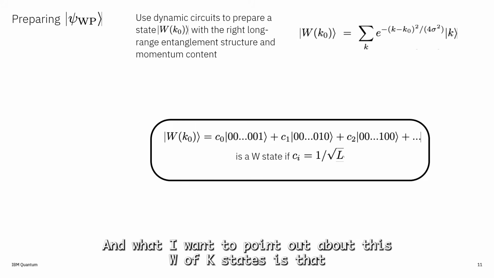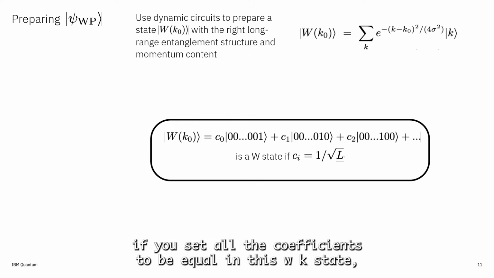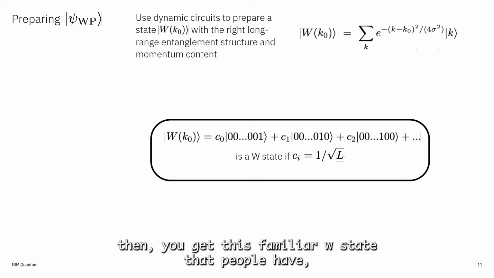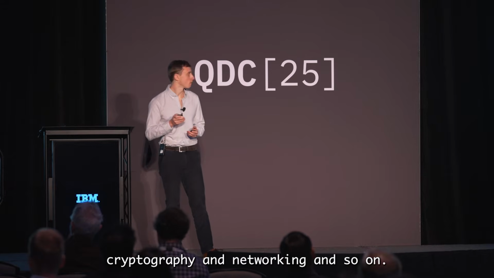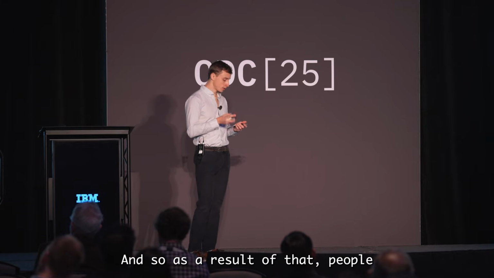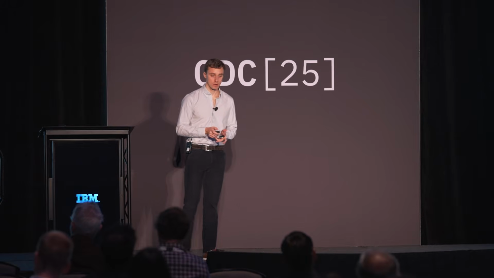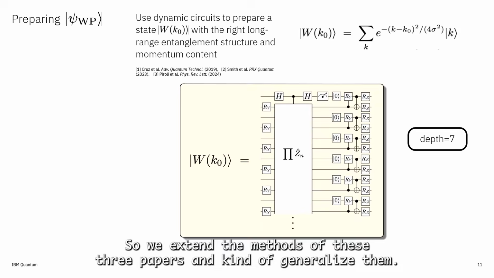And what I want to point out about these W of k states is that if you set all the coefficients to be equal in this W of k state, then you get this familiar W state that people have studied a lot in the context of quantum cryptography and networking and so on. And so as a result of that, people have thought very hard about how to prepare these states efficiently. And so here I'm showing several references that we use. So we extend the methods of these three papers and generalize them.